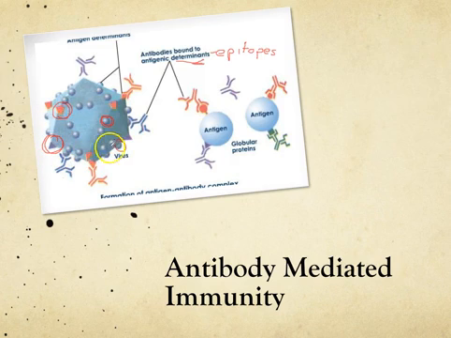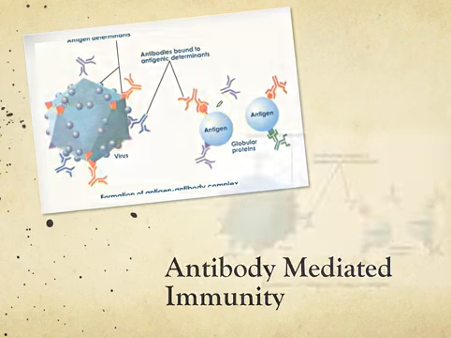So they'll present different ones. And so T cells and B cells will respond to these different epitopes. In this image, different B cells have responded to the different epitopes and have produced slightly different antibodies in response.